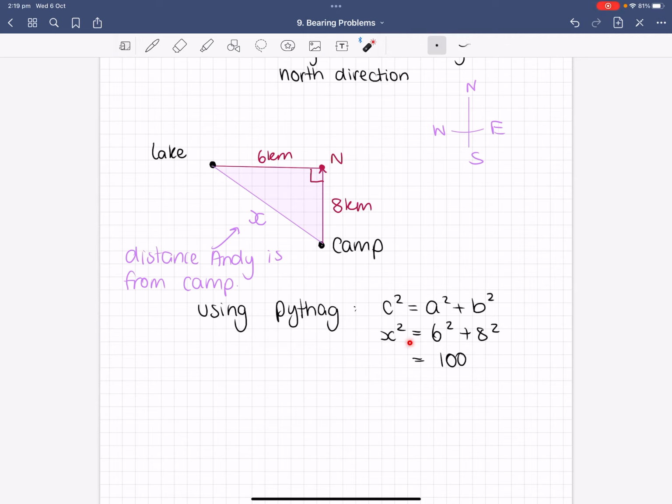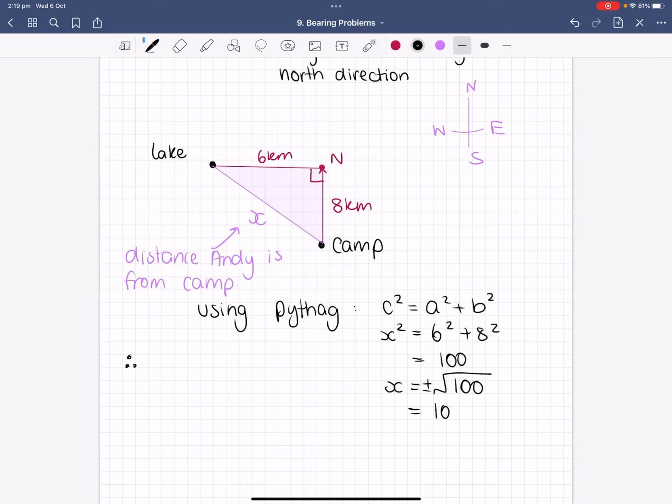But we don't want x squared, we want x, so we take the square root of both sides and get the square root of 100. Remember, it's plus or minus, but because we're talking about a distance, it's only the plus version, so it's 10.